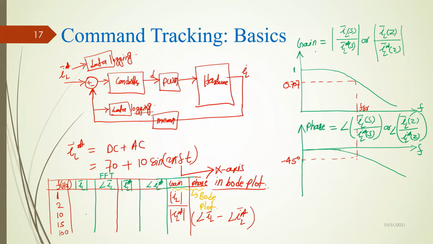So this is our command tracking plot. And once you have many data points, you can plot them using plot functions. You can get the graph by just plotting the points which you get in this table.